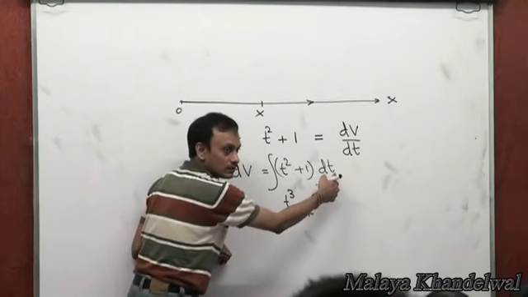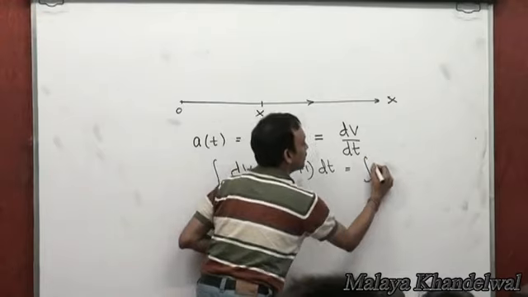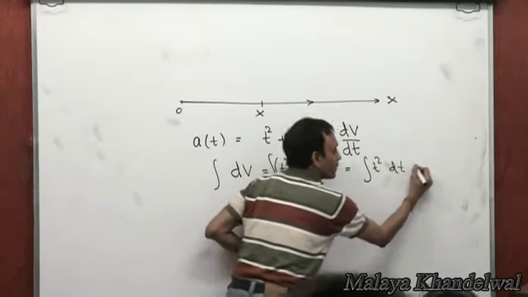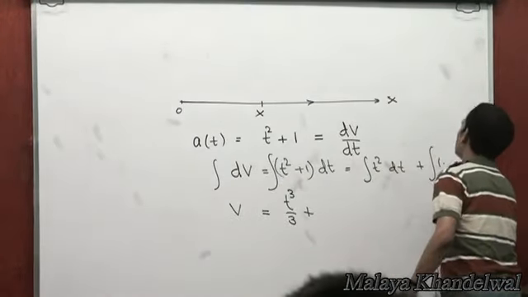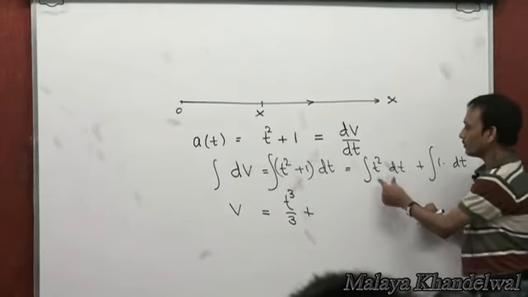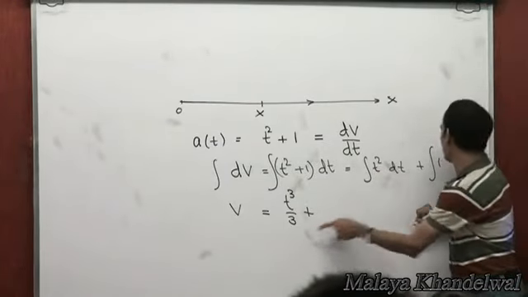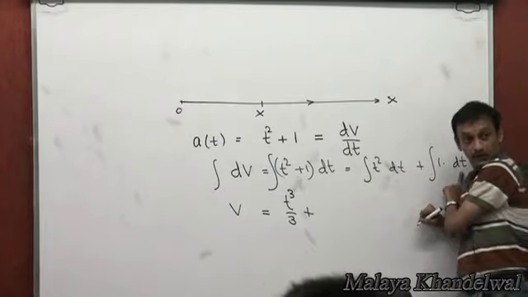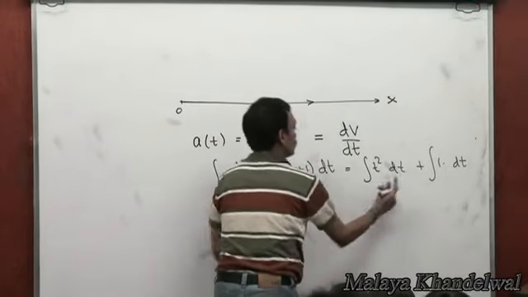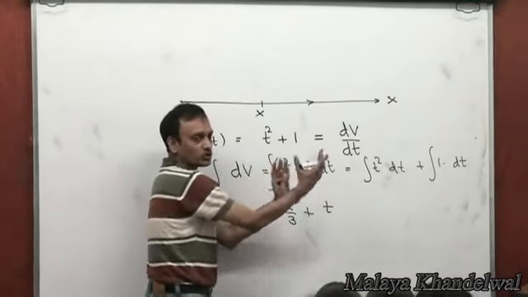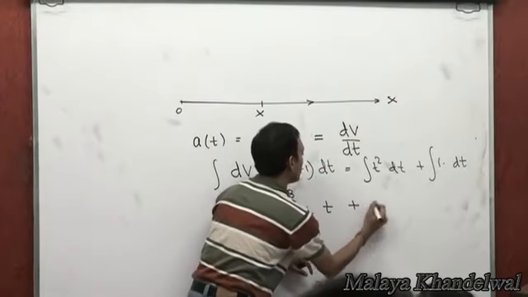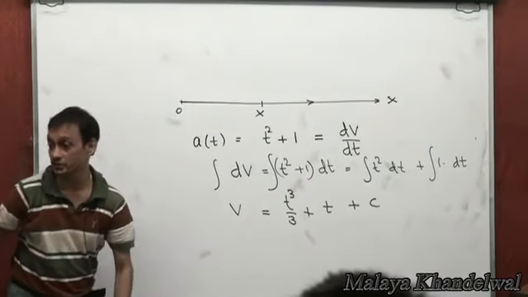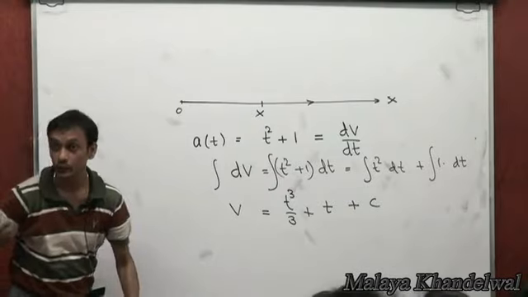Integral 1 dt is t. And all the constants that emerge club together as one single consolidated constant, right?